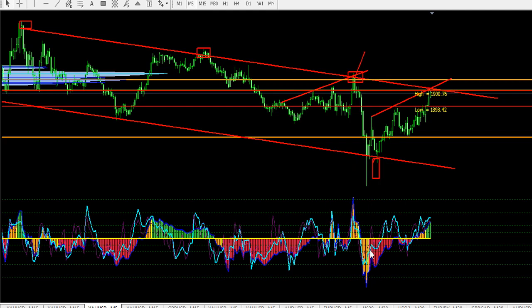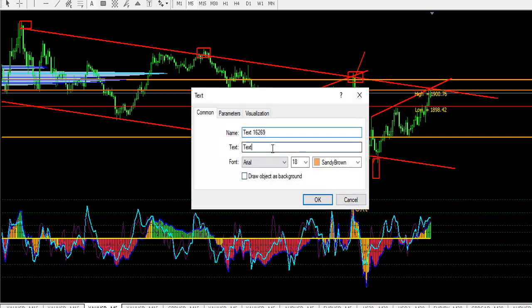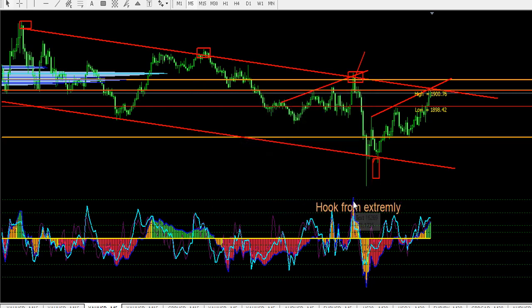So looking at the Buddhist eyes, these areas also hook from extreme. What does hook from extreme mean?